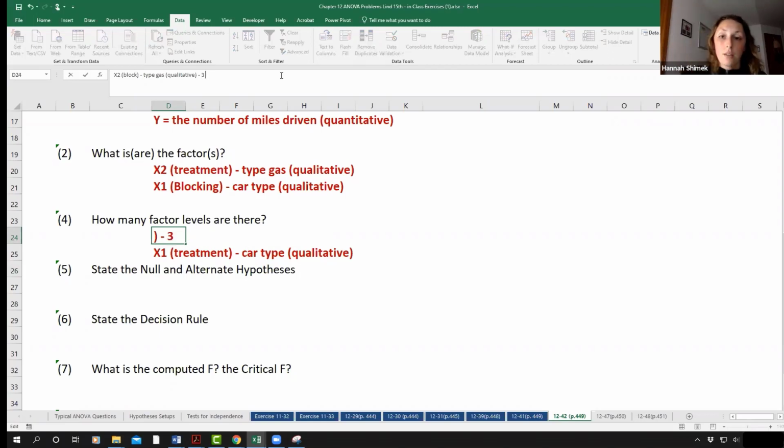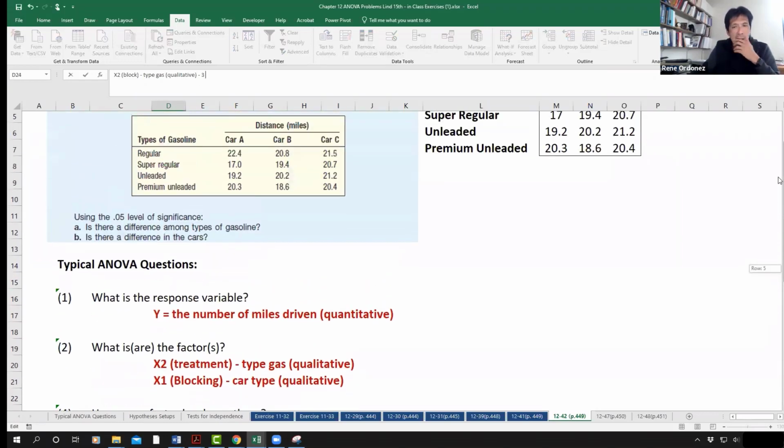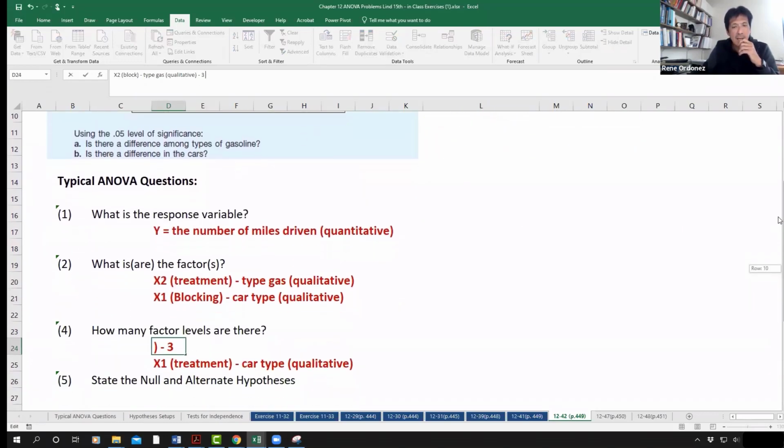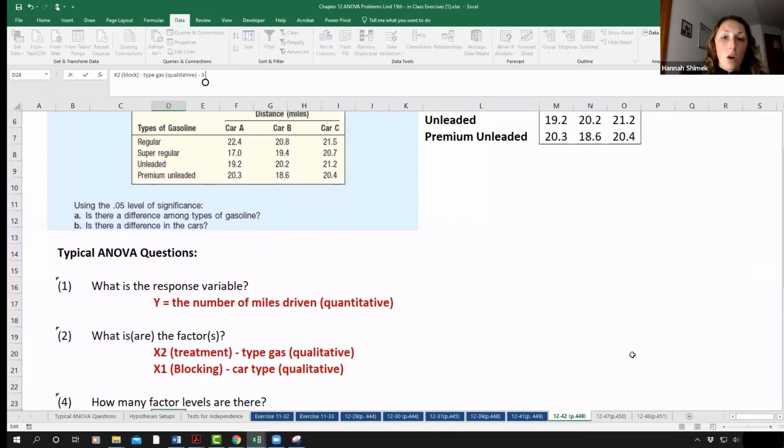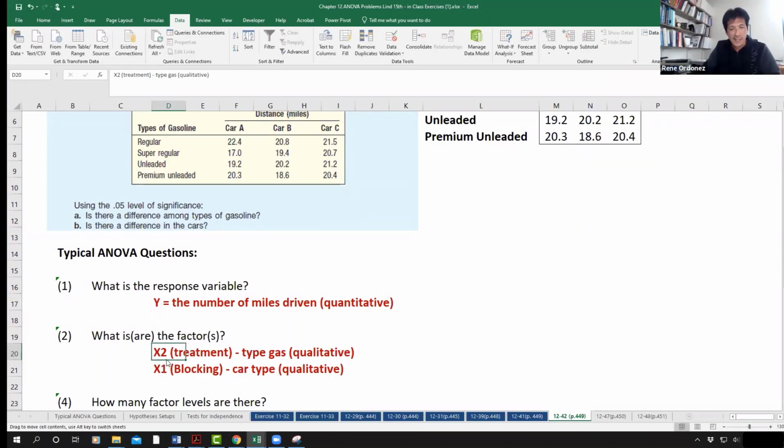Yeah. Let's see. Did I mess it up? Are you saying the treatment is 3, the car A, B, and C? Well, yeah, treatment is car A, B, and C. Let me fix this because I think I'm messing this up.